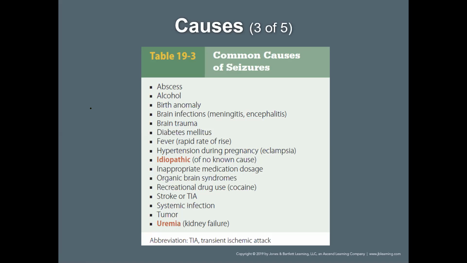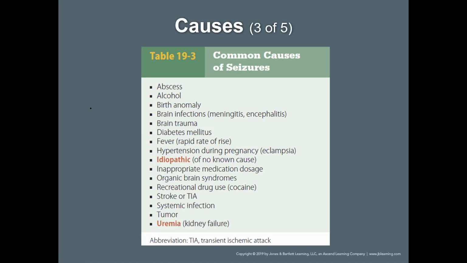Diabetes can cause seizures, a rapid rise in their fever, eclampsia from some pregnancy-induced hypertension that can cause seizures, and when it causes seizures, it's called eclampsia. Idiopathic, or they just don't know why you have seizures.